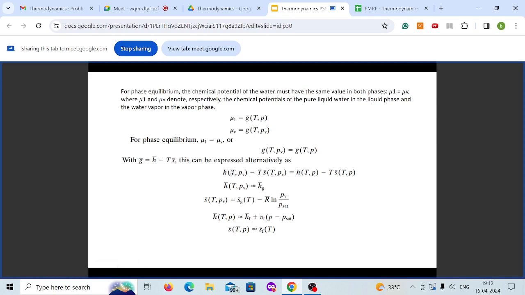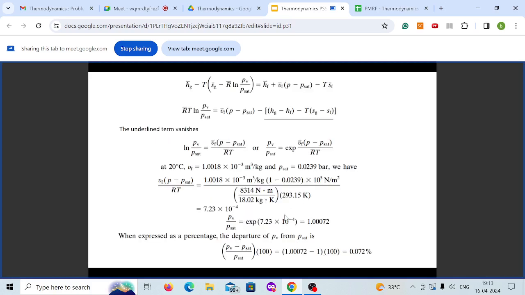So we expressed in terms of that, and we expanded each of the terms. Enthalpy in vapor phase is the saturated vapor enthalpy Hg, minus T into the entropy of vapor, which is saturated entropy minus R into ln PV by Psat, and then the liquid is the enthalpy of saturated liquid plus, because of the pressure difference, V into delta P, and again the entropy of liquid will be the saturated liquid entropy.